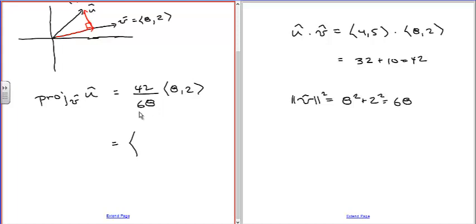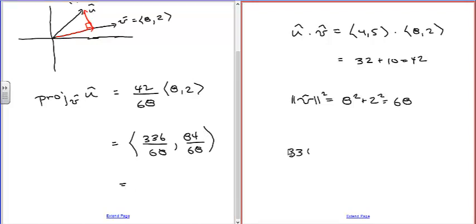So 42 times 8 is 336 over 68. And then you get 2 times 42, which is 84, over 68. So we just need to simplify these fractions. What I usually do is keep dividing by 2 until I can't divide by 2 anymore.